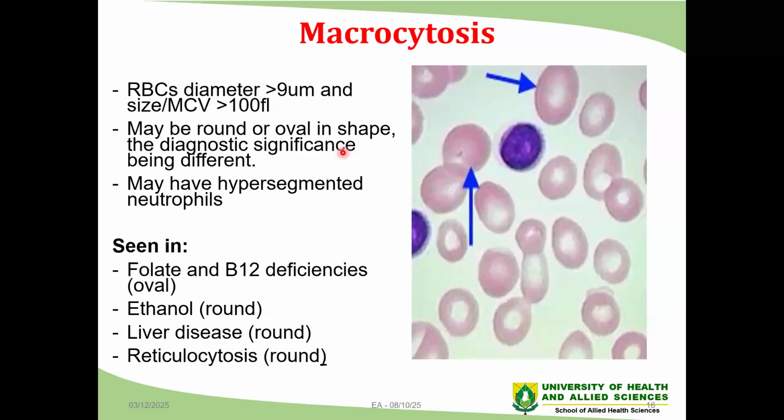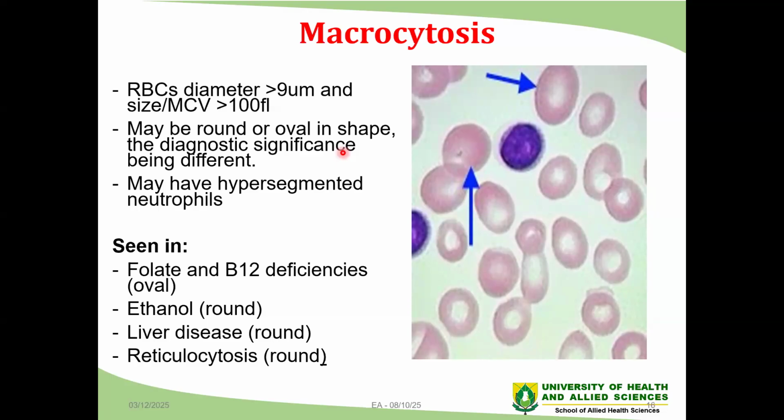Then we have macrocytosis. Macrocytosis here, the red cell diameter is greater than 9 microns, and in terms of volume it is greater than 100 femtoliters. And usually, if you come across macrocytes, they are likely to be either round or oval in shape.